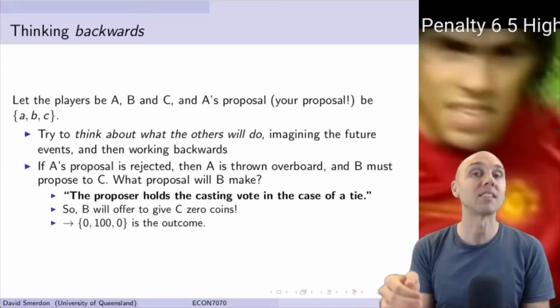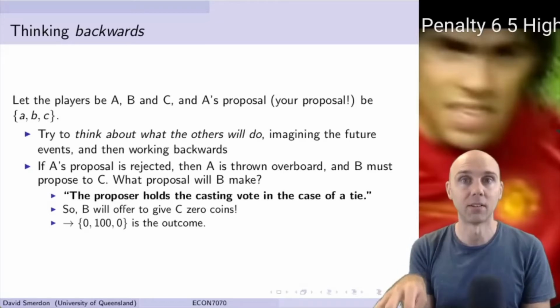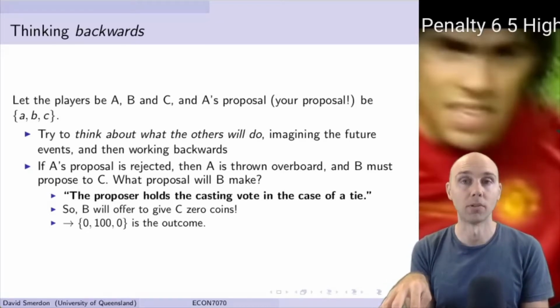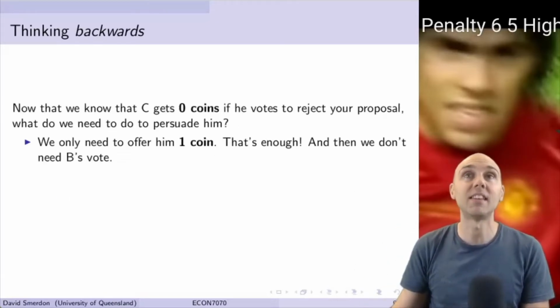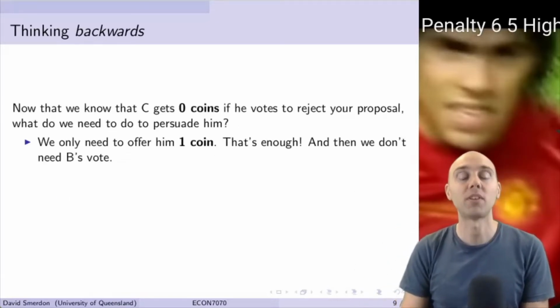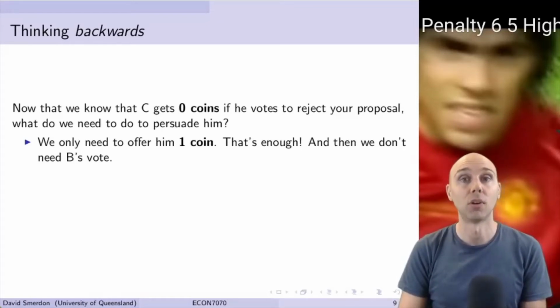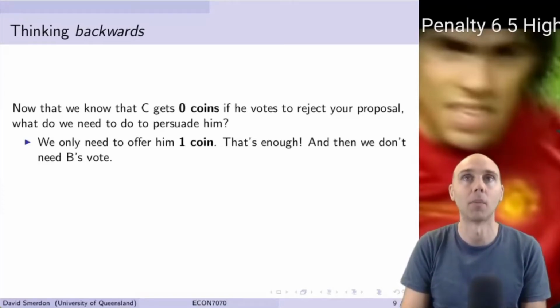Okay, what about C? Well, C is really getting a bad deal in the situation where C rejects our proposal. C is getting 0. So knowing that C is getting 0, we just need to do something to encourage C to get a slightly better deal than 0. And that will be enough for C to accept our proposal.